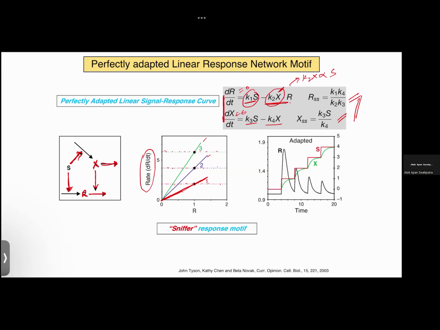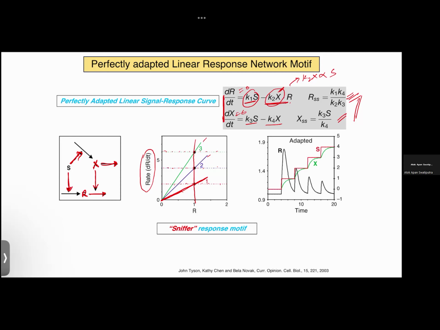Now see, no matter what your signal strength is, your steady state value of R is constant. Right? And from this also, you see it's K1K4 by K2. It has no dependence on your signal strength.